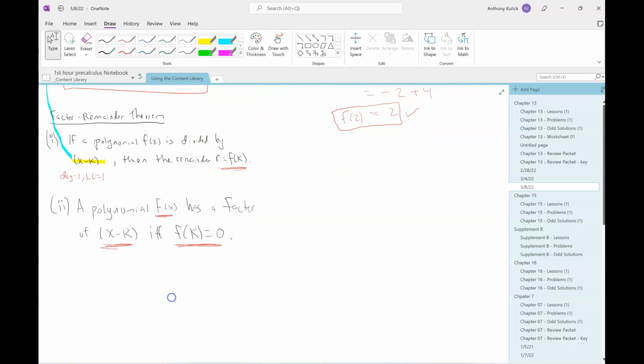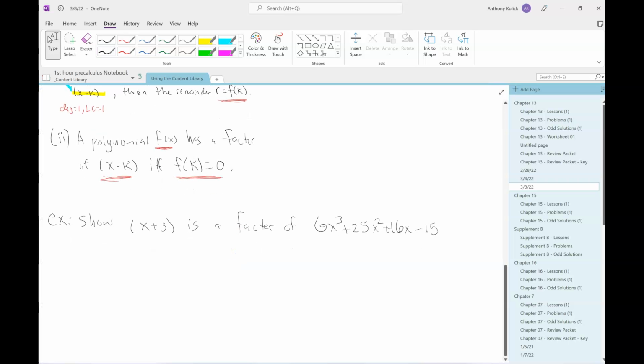So let's look at an example where we can apply this. One way I can do this is I can use polynomial division to show that I get a remainder of 0.